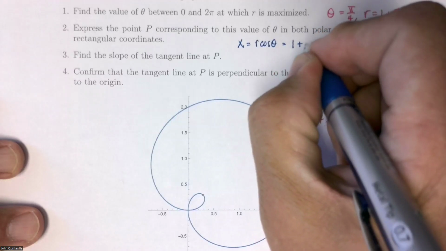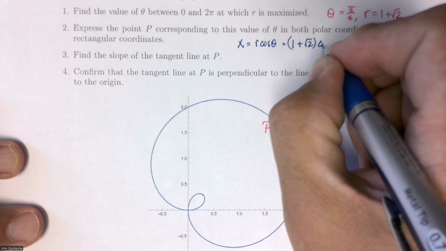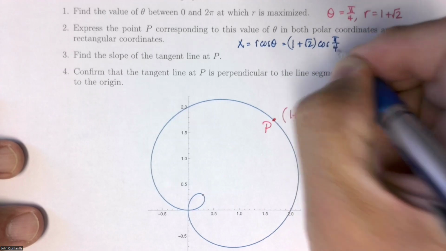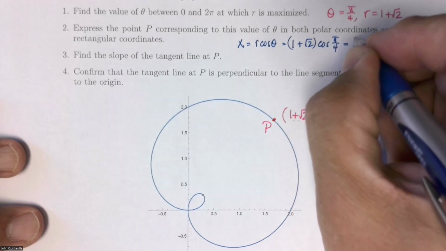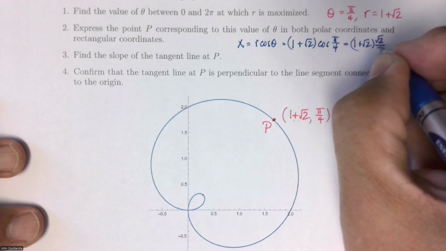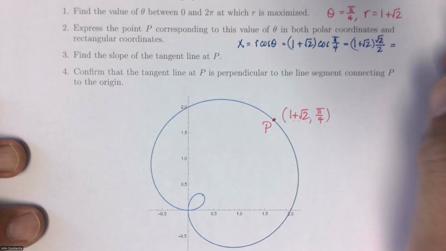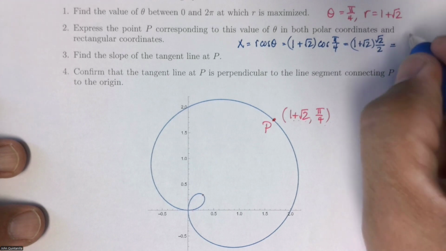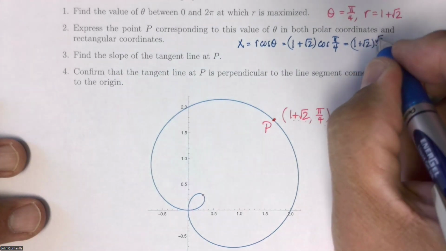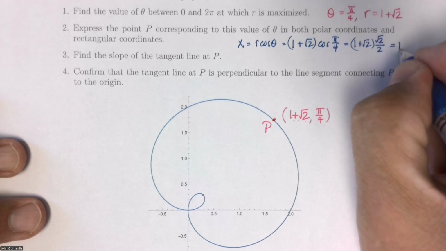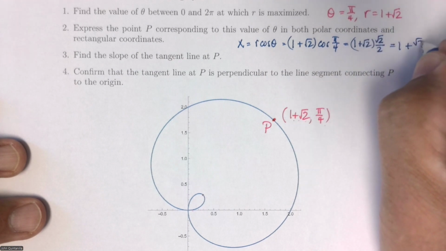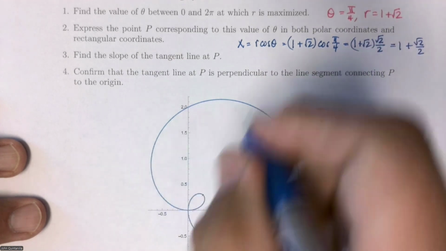So 1 plus the square root of 2 times the cosine of pi over 4, so 1 plus the square root of 2 times square root of 2 over 2. And that would work out to be 1 plus square root of 2 over 2. Square root of 2 times square root of 2 is 2, divided by 2 is 1.